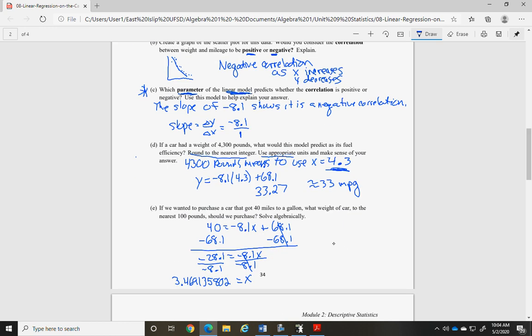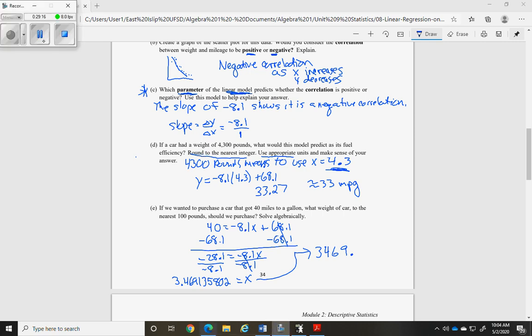So if I multiply this number by 1,000 to change it to pounds, I get 3,469 point such and such.